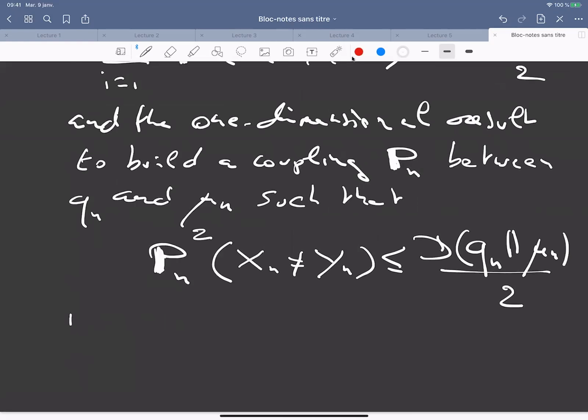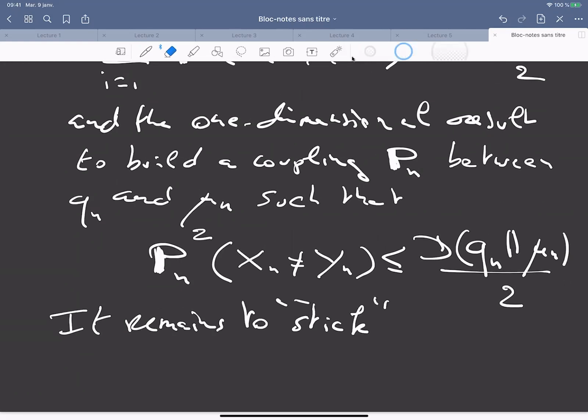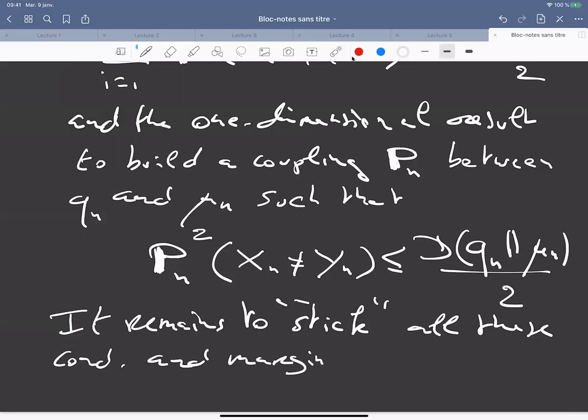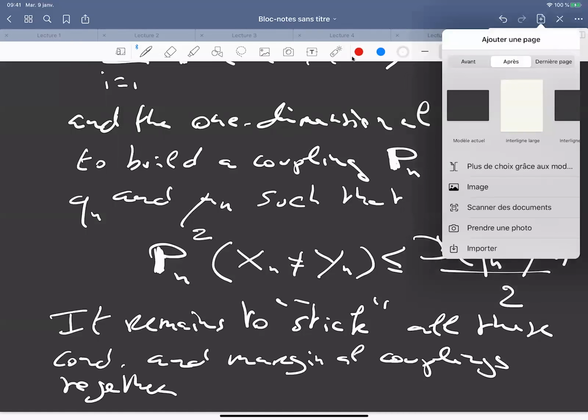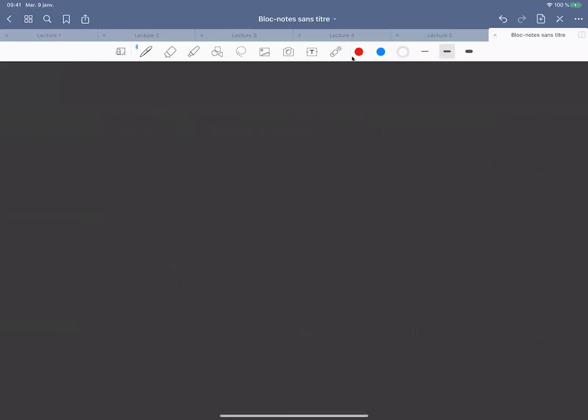So now it remains to stick all these conditional and marginal couplings together. And this is quite easy to do.